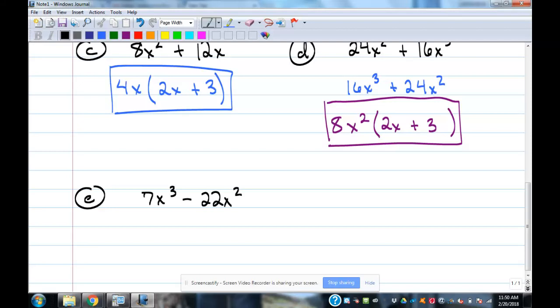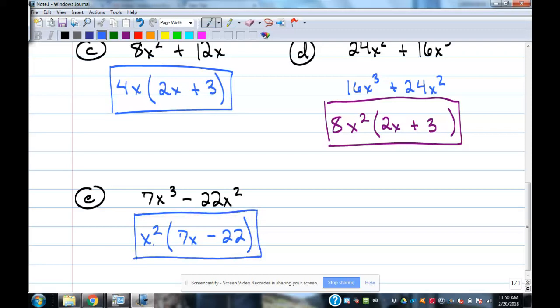How many x's? First one's got 3. The second one's got 2. But there's 2 that pair up. So it's got 2 x's in common. So our GCF is going to be x squared. Technically, it's 1x squared because 1 is the factor for the numbers. But what's that leave in parentheses here? 7x minus 22. So your GCF here, we didn't have a number that they had in common, but we had letters that they had in common. That can happen.